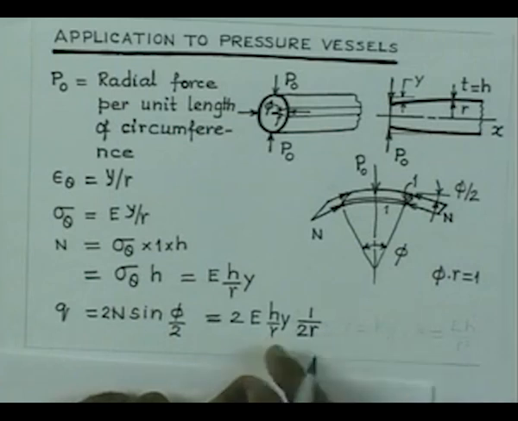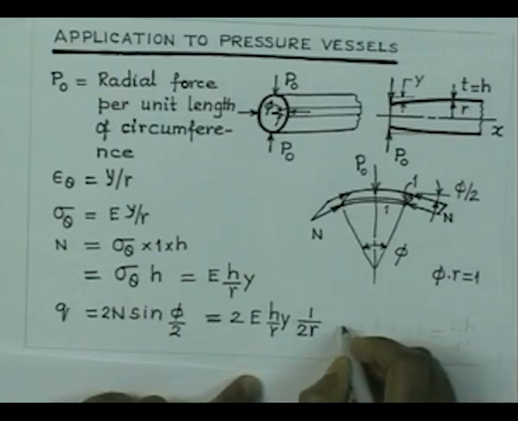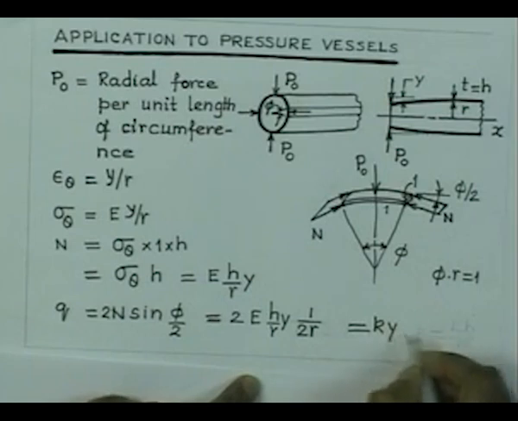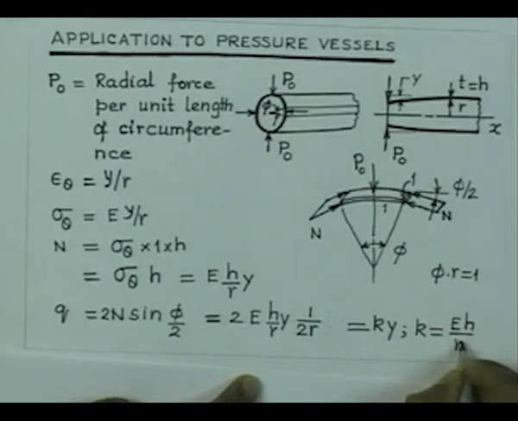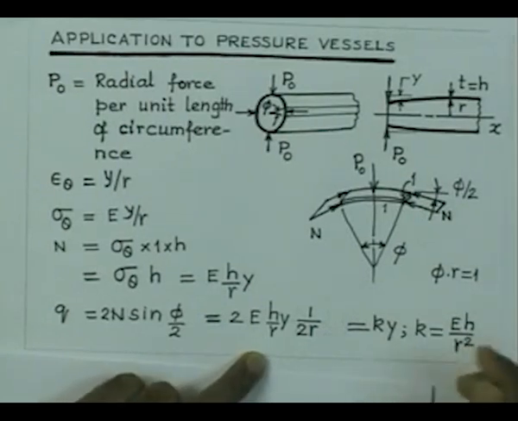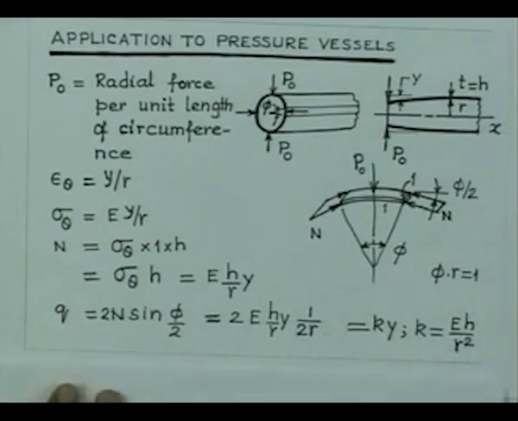Once you simplify all this, you get k into y, where k is E h by r square. So, that is the k for the sector of the cell, and hence we have got the value of the constant which is needed for a beam on elastic foundation.